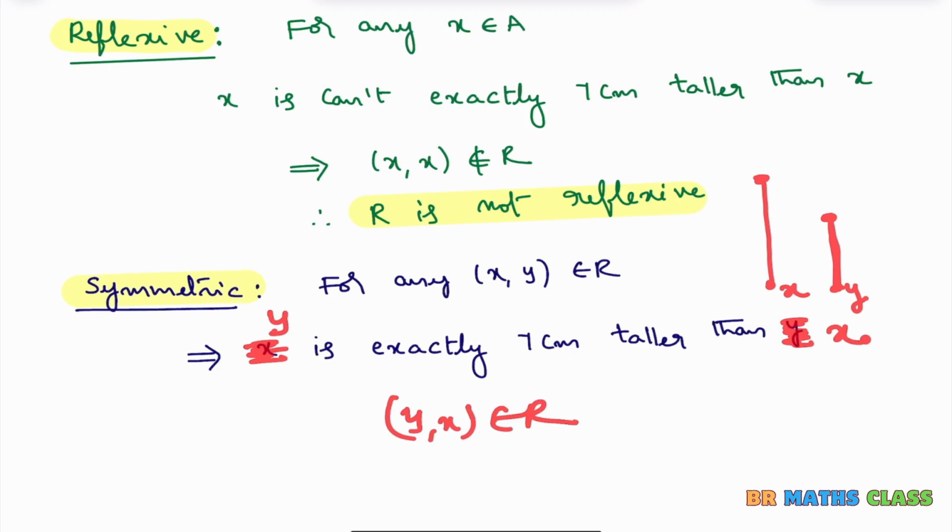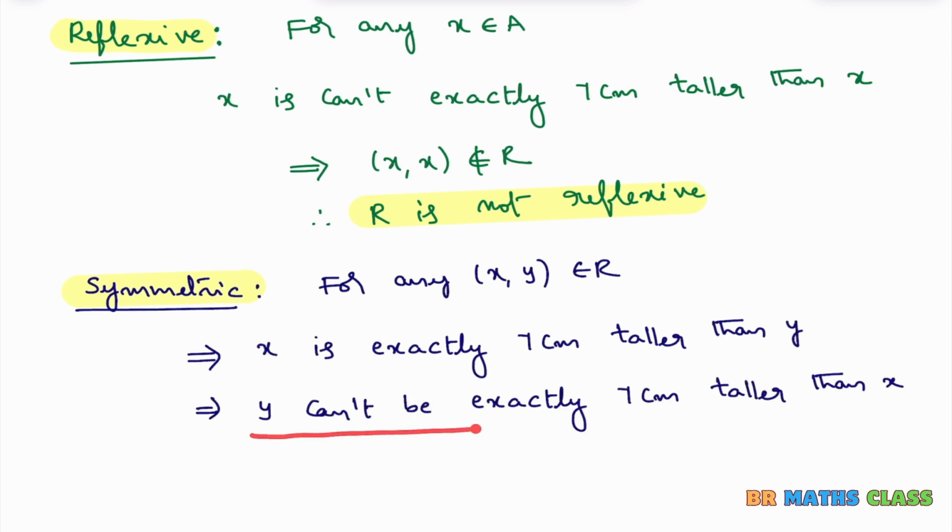But since x is exactly 7 centimeters taller than y, y cannot be exactly 7 centimeters taller than x.